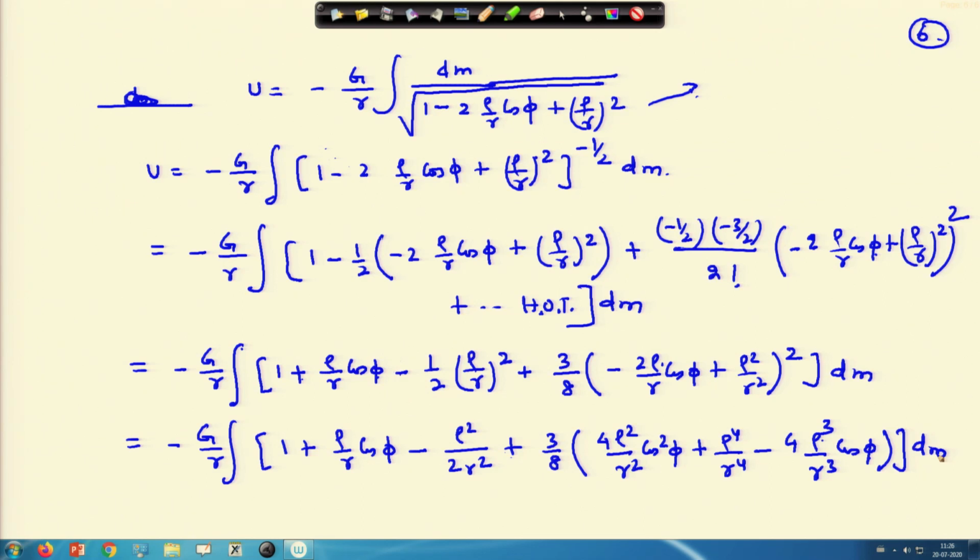So, we ignore the higher order terms, means the third degree and the fourth degree terms we will be ignoring. If we do that, only this term and this term we are then accounting.